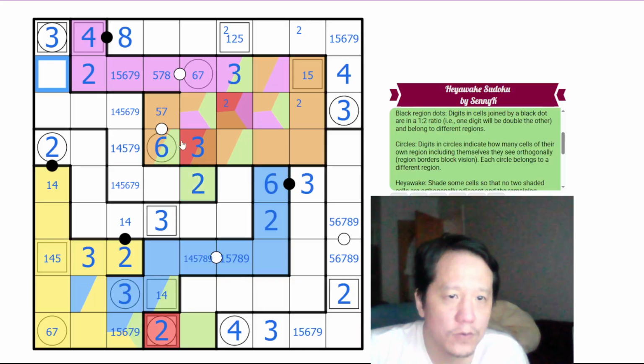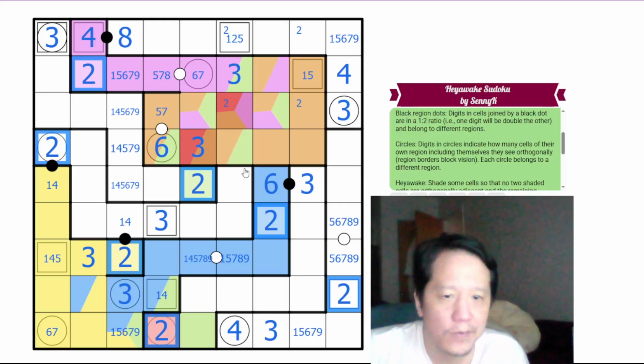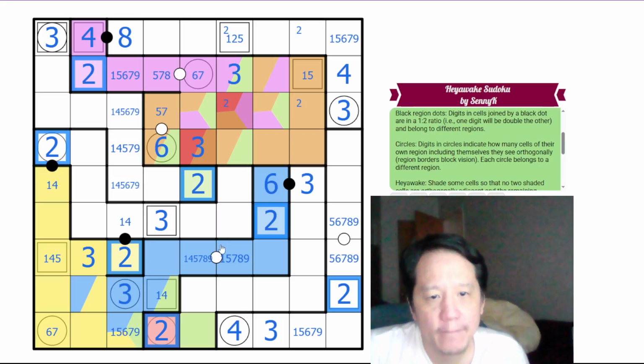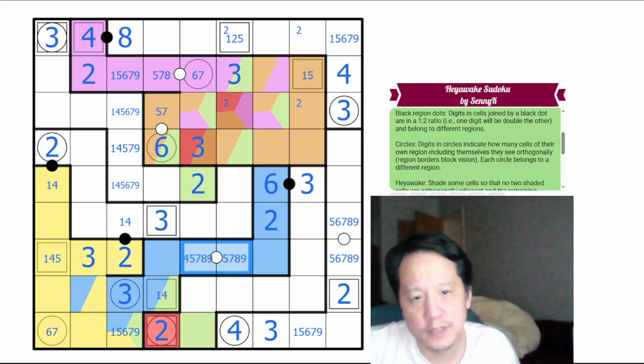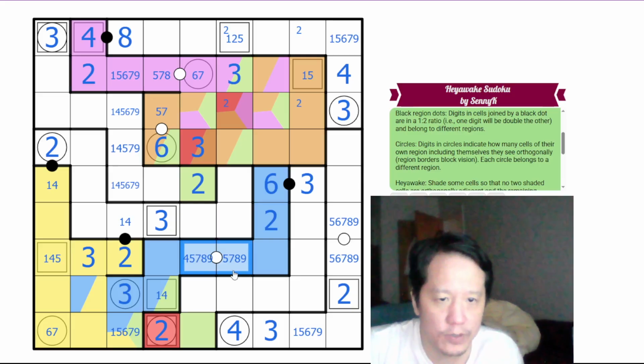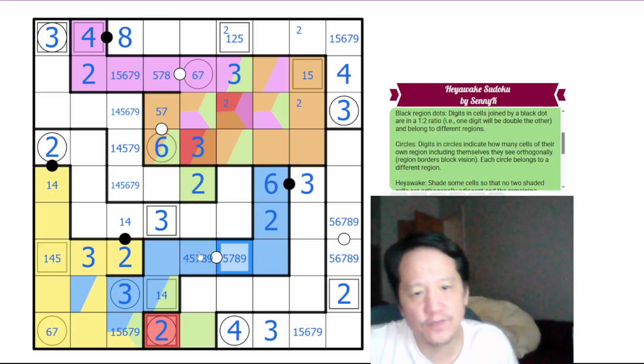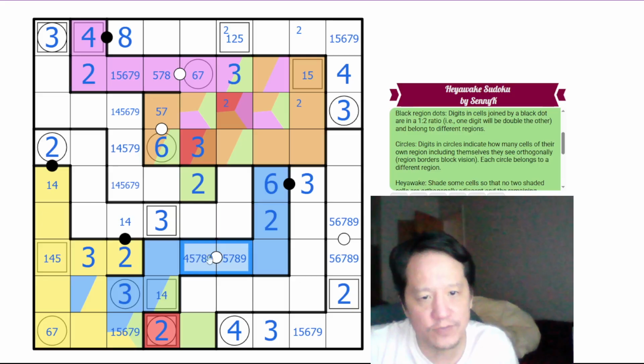Oh. 1 cannot be here. It's not consecutive with 2 anymore. If this is 5, that's not consecutive with 4 or 6 there, so this can't be 5.